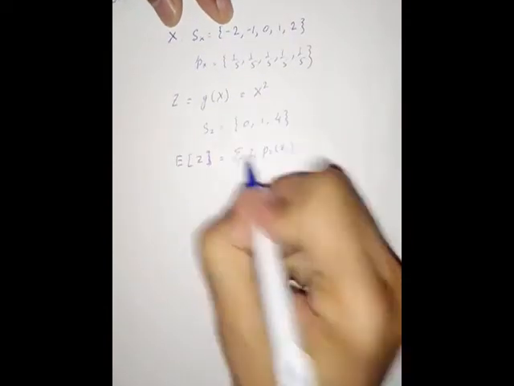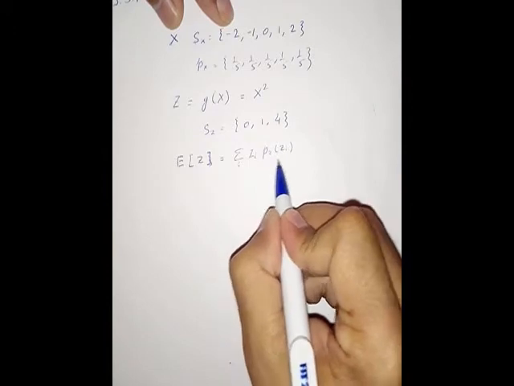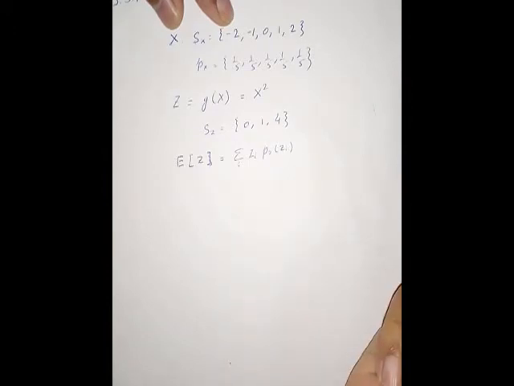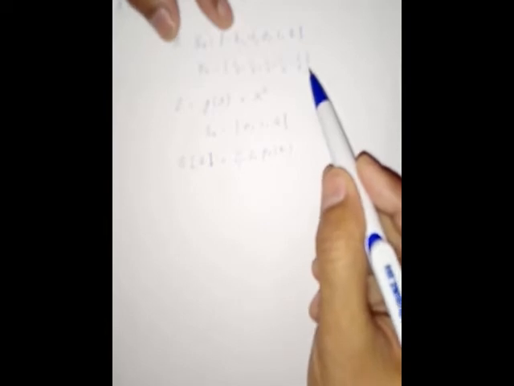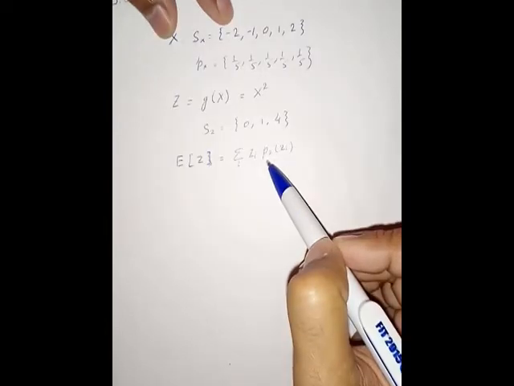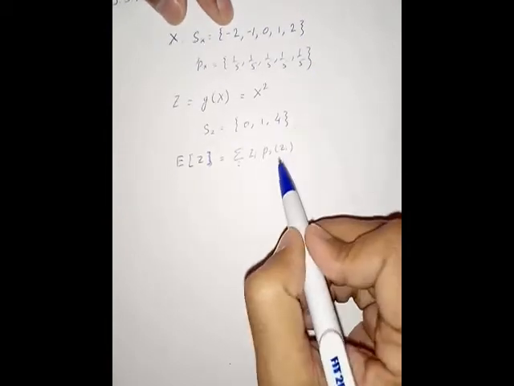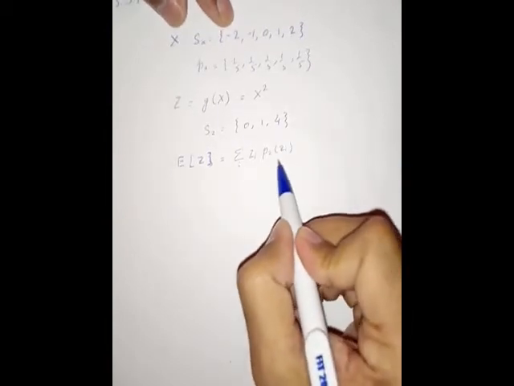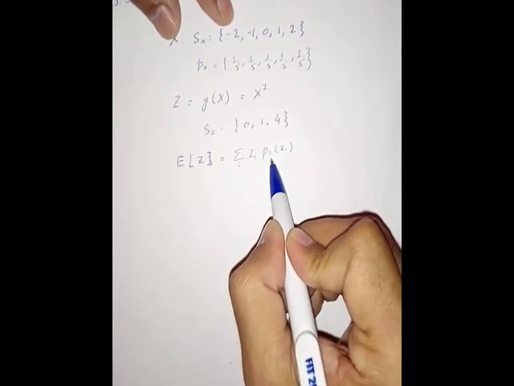What if we don't have the PMF of z? We can find out the PMF of z from the PMF of x, but let's assume that we don't have it. Is there a way we can still calculate the expected value of z?